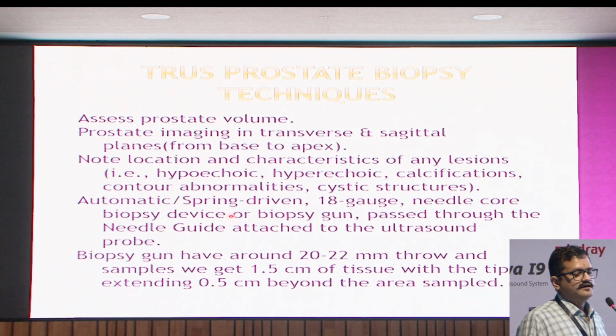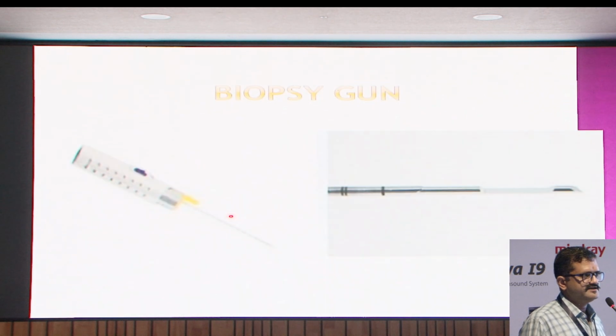Hence the localization of the loaded gun tip is very crucial. The lesion should be kept in the range of 2 to 2.5 centimeter ahead of the unfired gun tip.